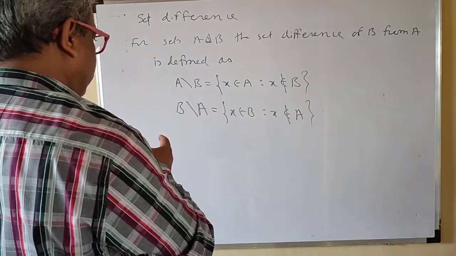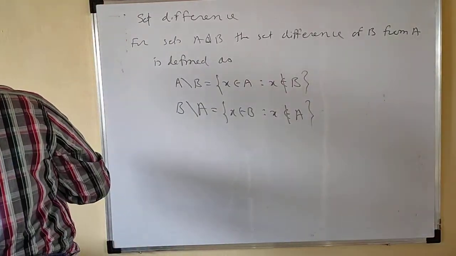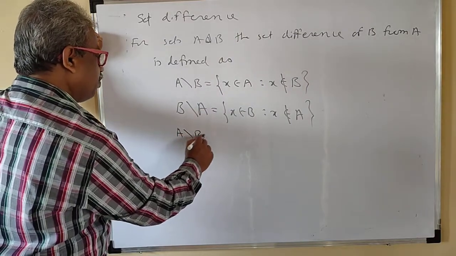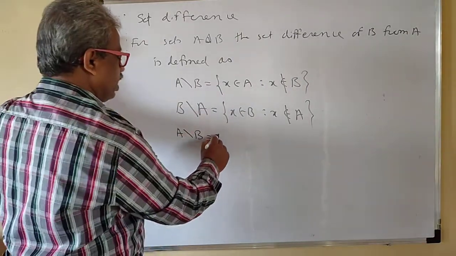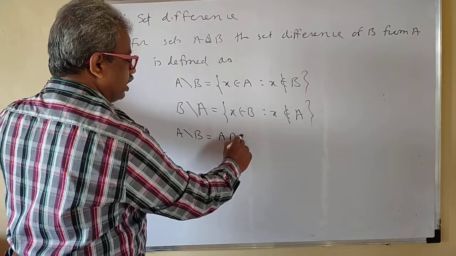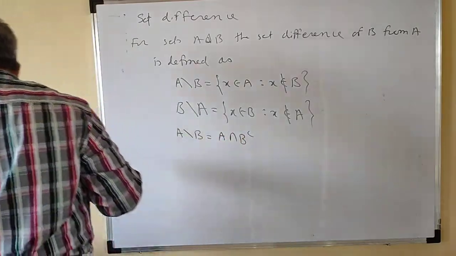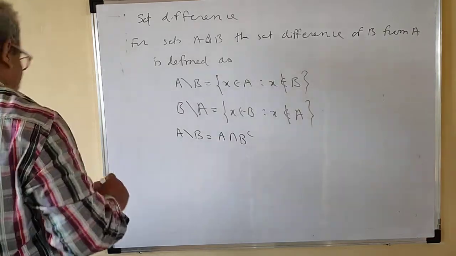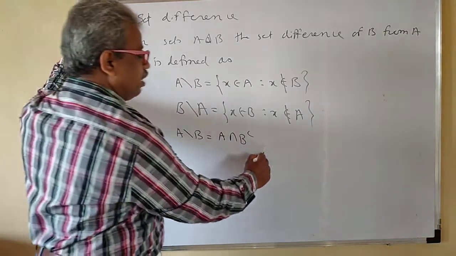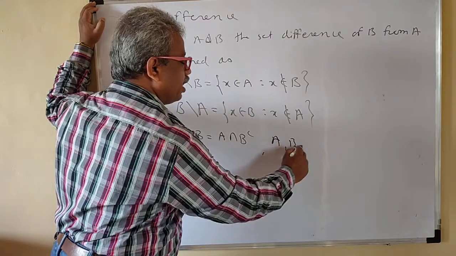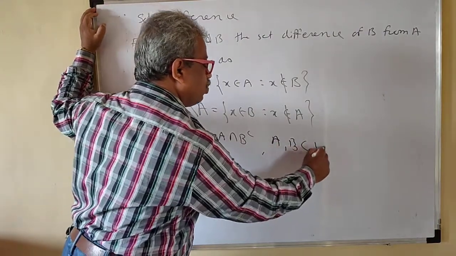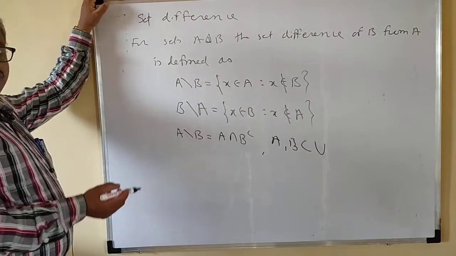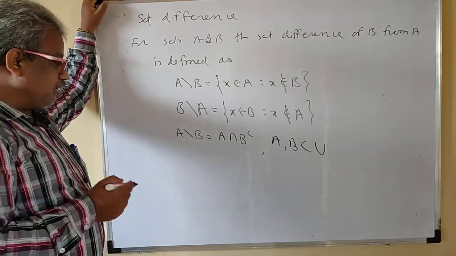So you may write A minus B as A intersection B complement, where A and B are subsets of the universal set. Because to take the complement you need the universal set.